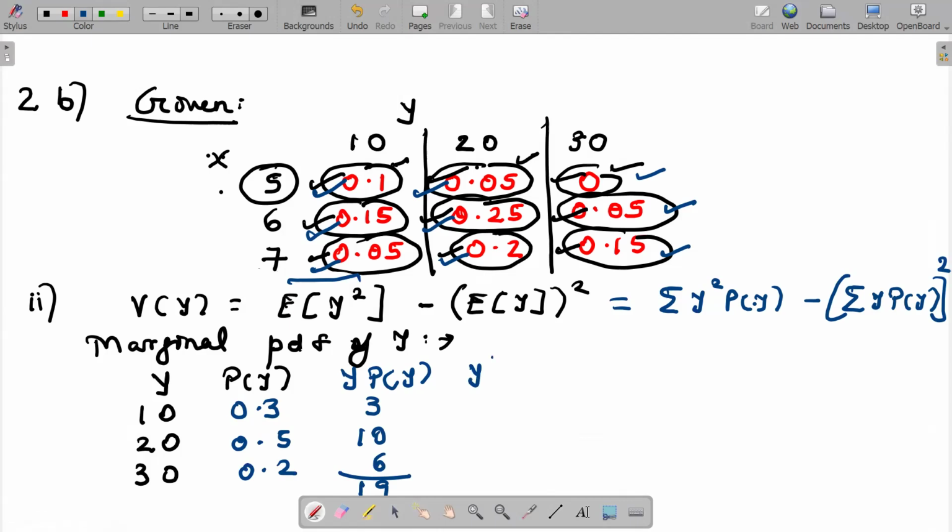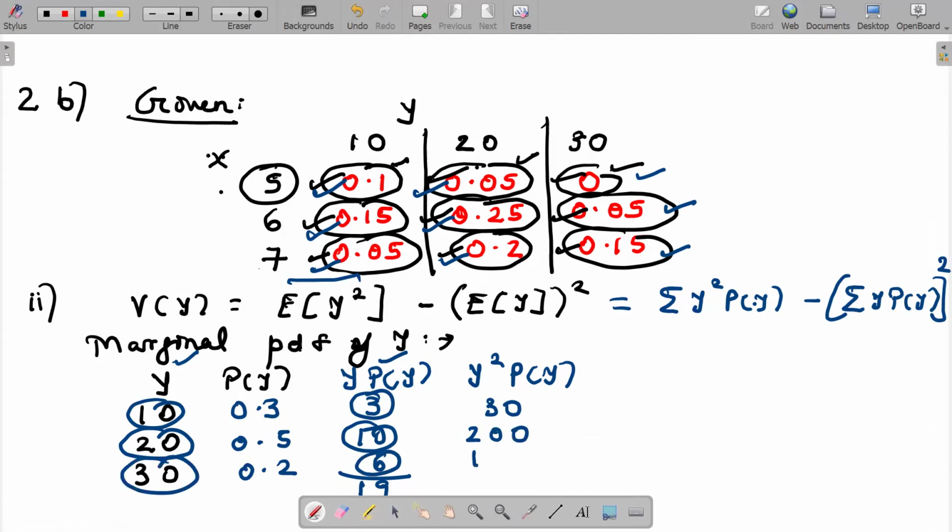And y square into py will be how much? Just multiply the ypy column with y again. So 10 into 3, 30. 10 into 20 is 200. 6 into 30 is 180. So if you add all of them up, you get 410.